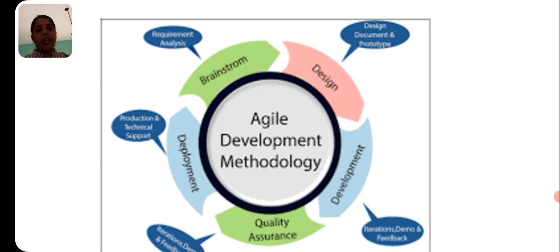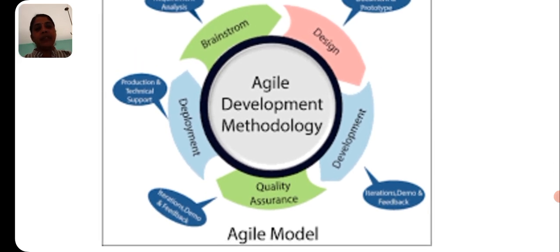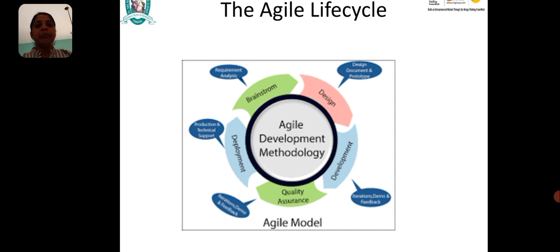In the developing stage, they collect feedback from the users and the iteration process can be done. Quality assurance means it should be of quality, so we can collect feedback from the customer. Then we have to make changes. Deployment, at last, they have to hand over the system to the customers. Next one.